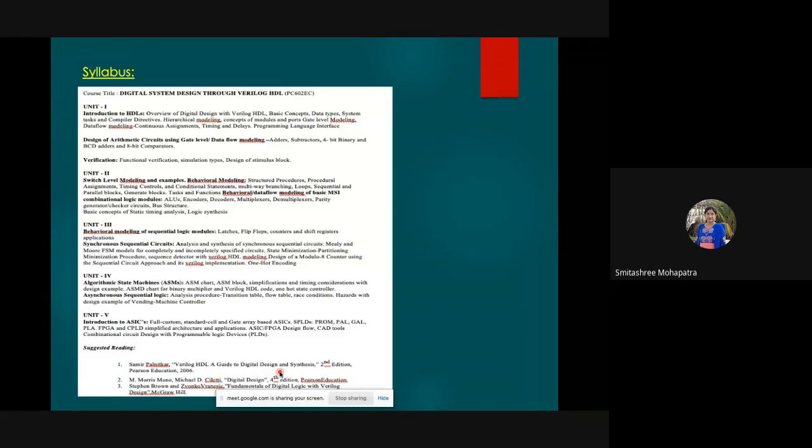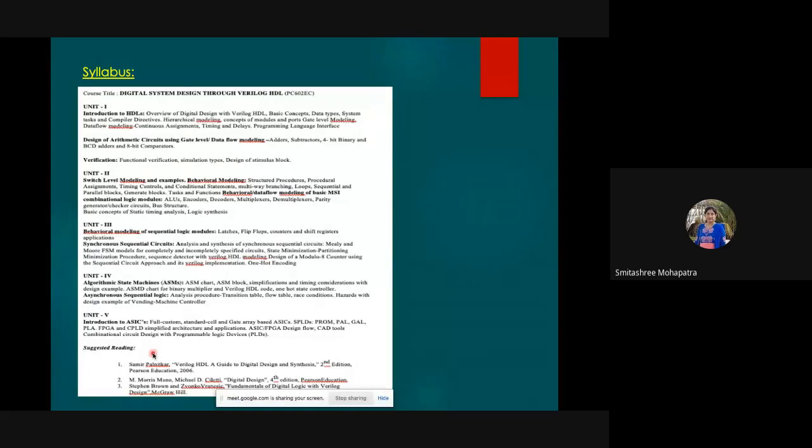This is the first book, and the author name is Samir Palnitkar. Everybody has to keep this book with you. This is a very important one, and a very good book to learn from. For those who are interested in learning Verilog, since it is in your semester anyway, you compulsorily have to learn it. So this is the first book you have to follow, and this book you have to keep.